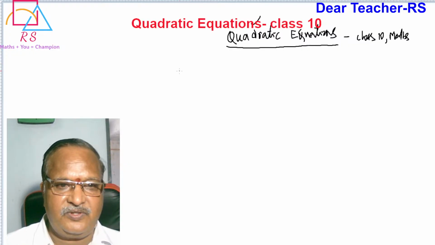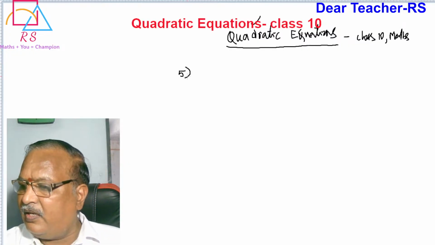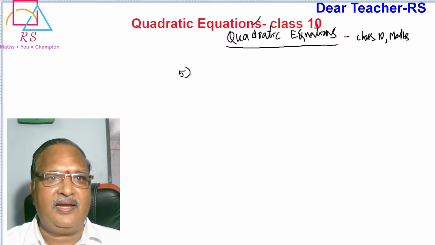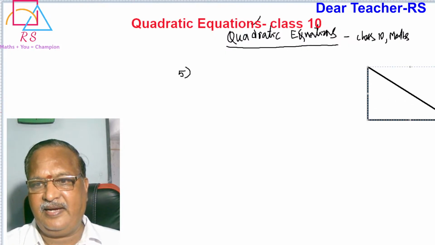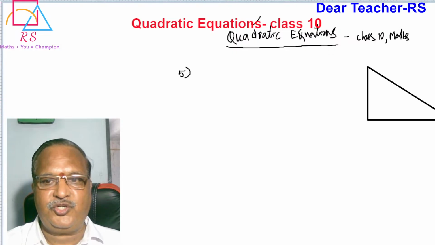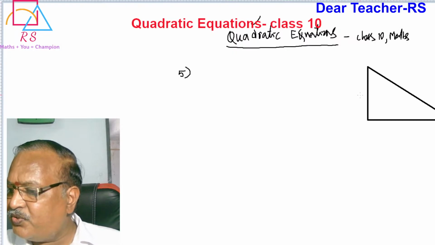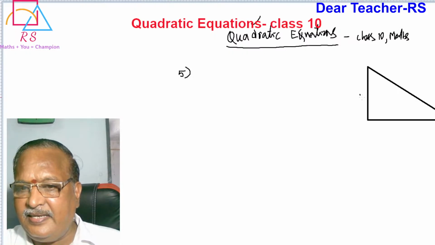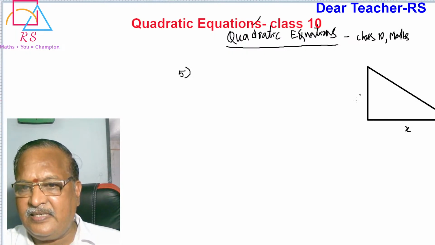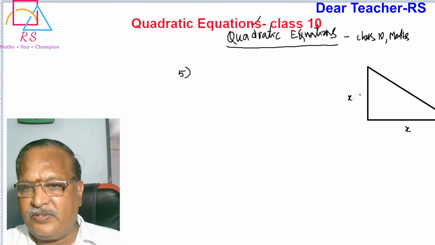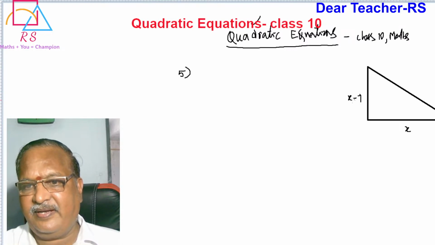Let me do the fifth question. Altitude of a right angle triangle. Now you have a right angle triangle here. Altitude means this one. Altitude of a right angle triangle is 7 less than the base. If the base is x, the altitude is x minus 7.